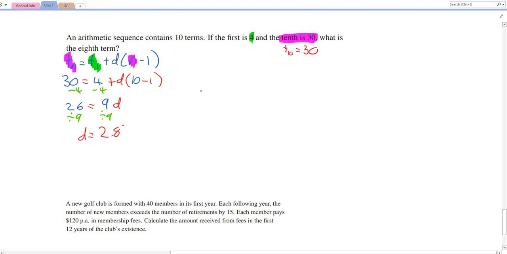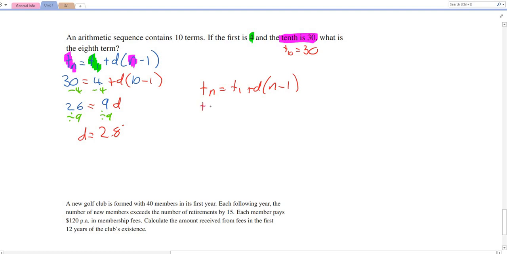So guys, you should have found D is 2.8 recurring. For the 8th term, we just say Tn equals T1 plus D, n minus 1.